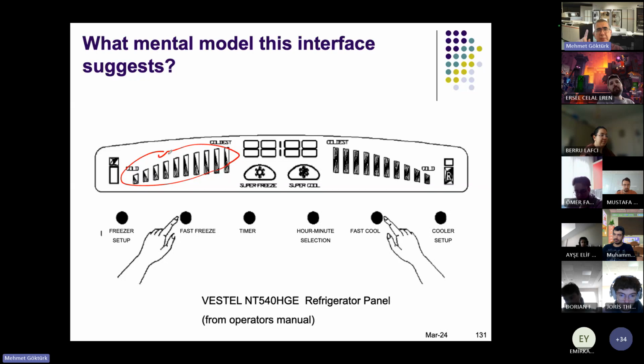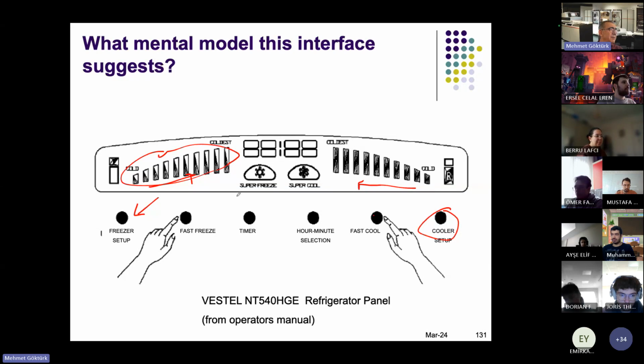So as you keep pressing the button here, this moves up. As you keep pressing the button here, this moves up. And after 8 or 9 pushes, it starts from the beginning. So it rotates.